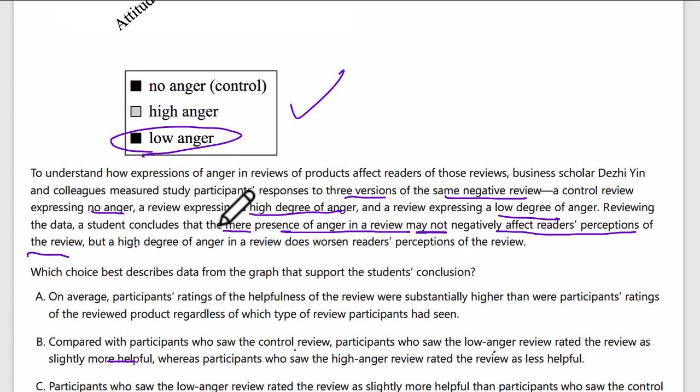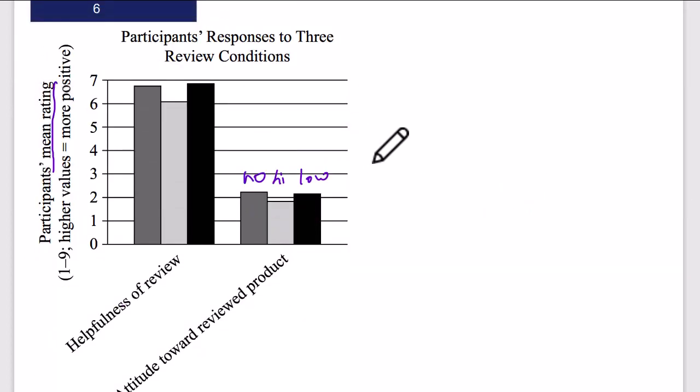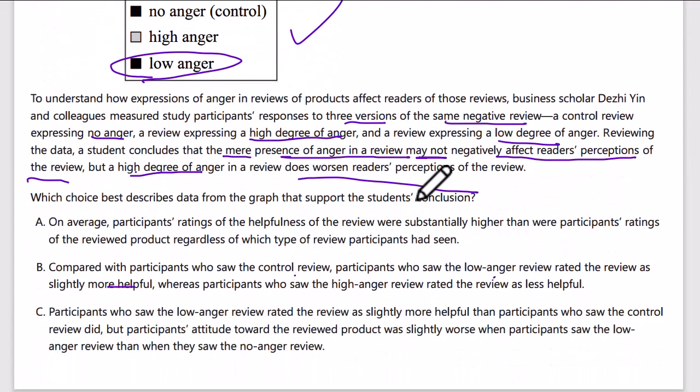Okay, so the perception would be their rating, but a high degree of anger in a review does worsen readers' perception. So where do we see that? We see their perceptions of the review for high is a little lower than the low anger case. Okay, so that's true to the graph. Not a huge difference there, but there is some of that effect.